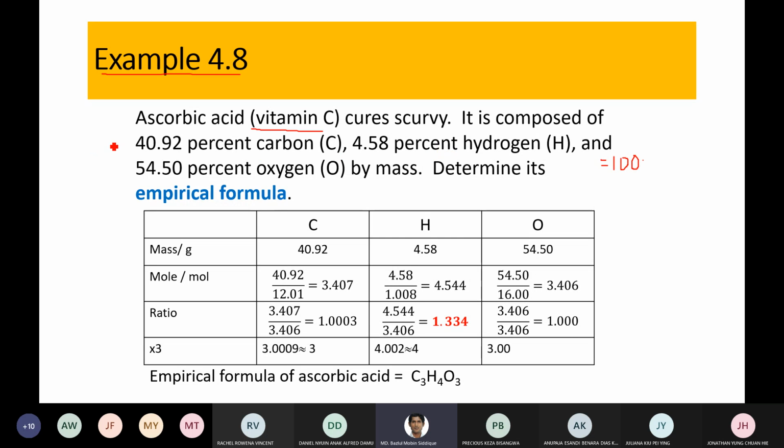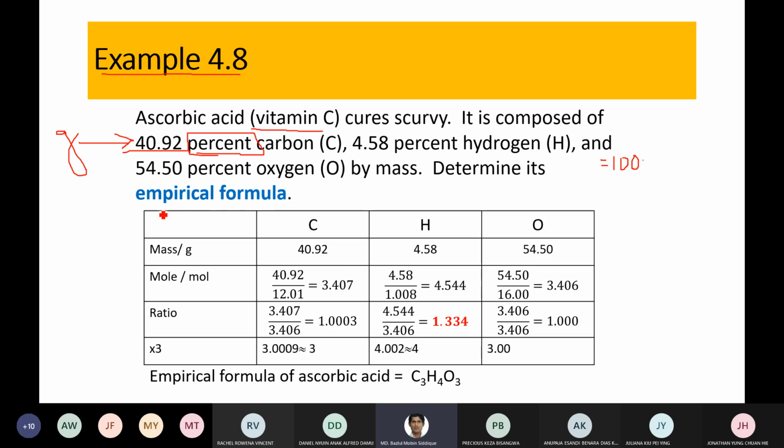So we just consider everything in this percent as grams. So we can consider that we have 40.92 grams of carbon, 4.58% or 4.58 grams of hydrogen, and 54.5 grams of oxygen.